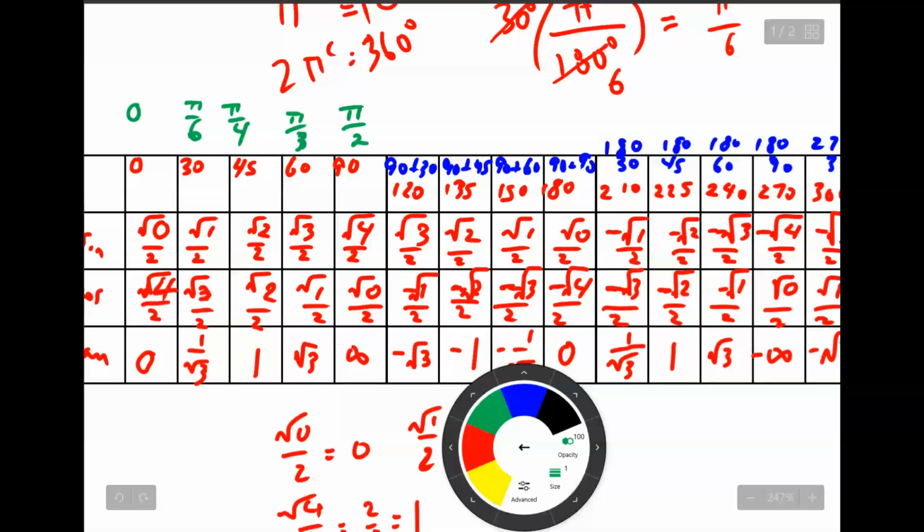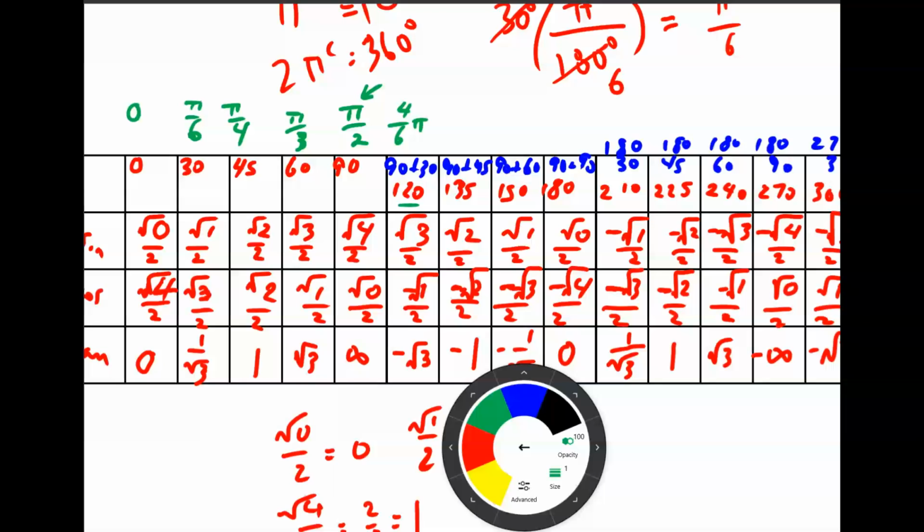And when we get to 120 degrees, we know that that's going to be 4/6 pi, because this is 3/6 pi, and we added 1/6 pi, or 30 degrees, to get to 120.